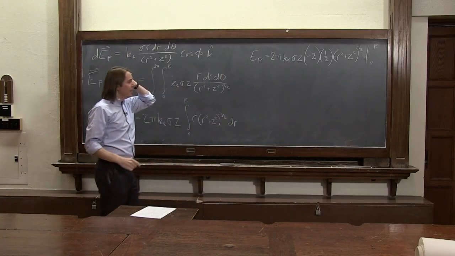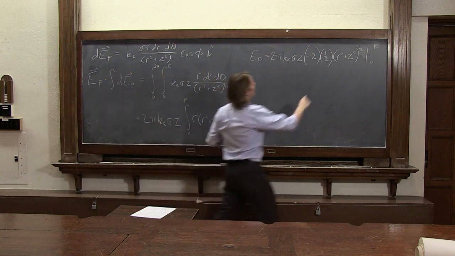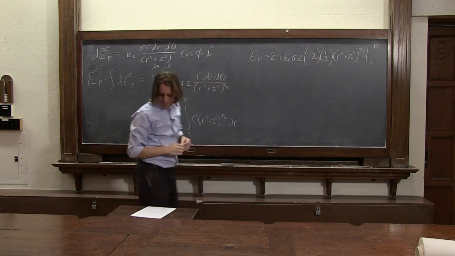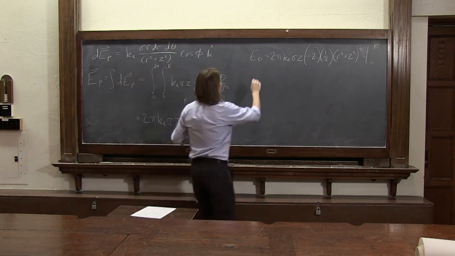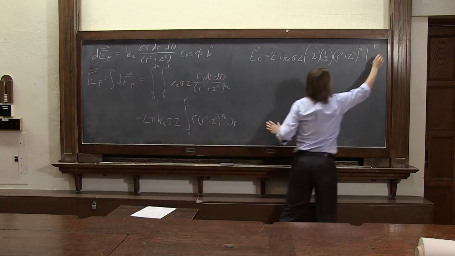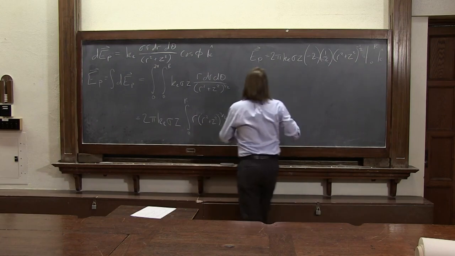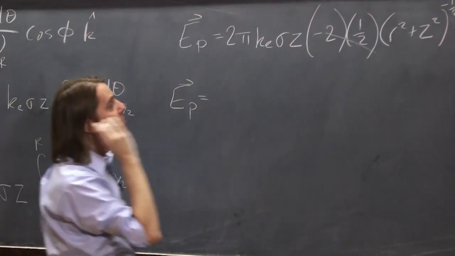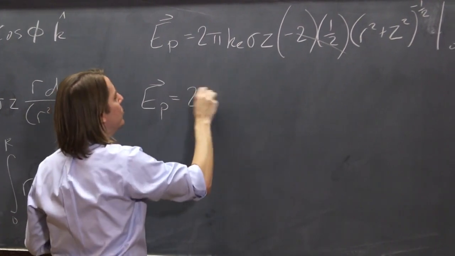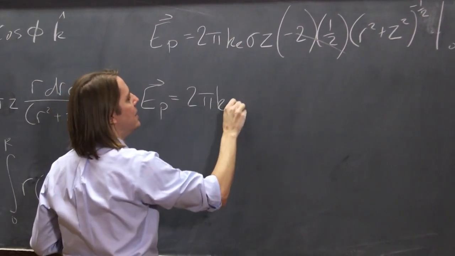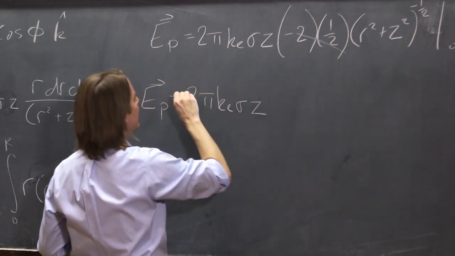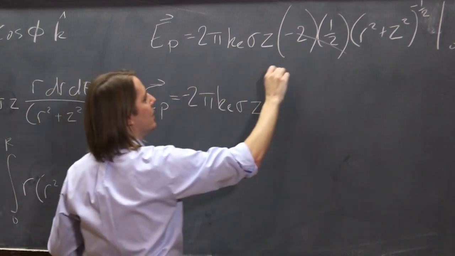Okay? So we can simplify a little bit. Those 2's go away. It leaves a negative sign sitting there, which is along for the ride. So E, and of course it's in the k direction. So EP equals, let's keep our constants as many as we can out, 2 pi ke sigma z. And those 2's went away. We pull the negative out like that.